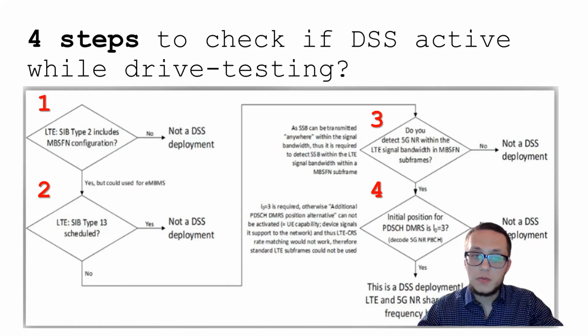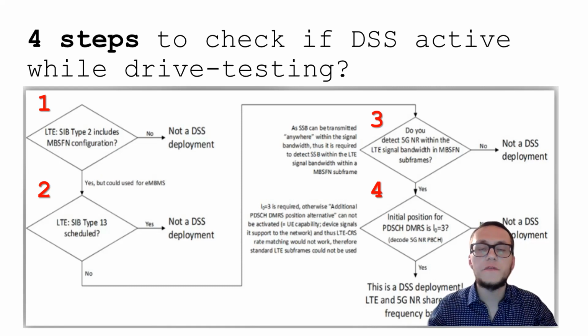If you found it, we may remember that initially MBSFN was used for mobile broadcast, mobile multicast services, so on step 2 we should try to find SIB type number 13. If we find that SIB type, this is not a DSS deployment. This is probably eMBMS. But if we can find only SIB2 with MBSFN transmission, very probably it is a very good sign that our cell supports DSS mode.